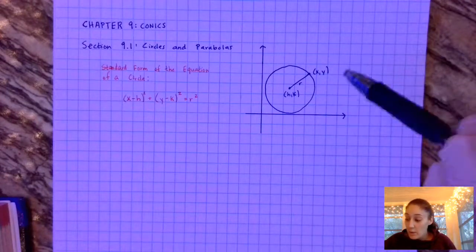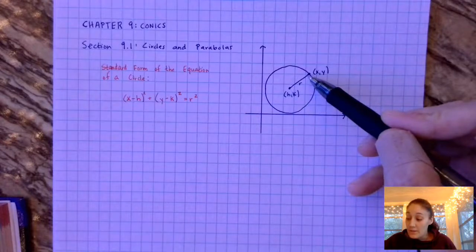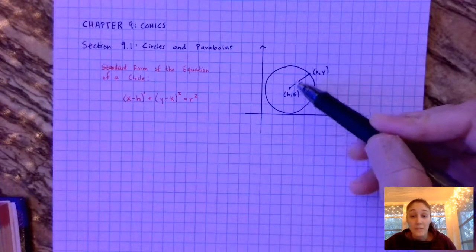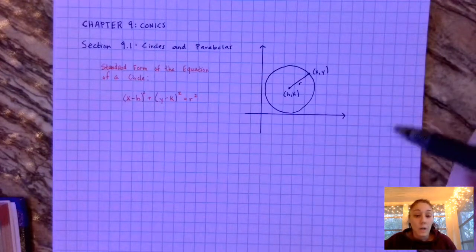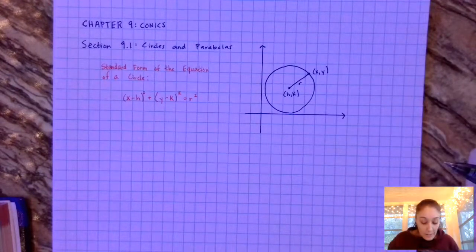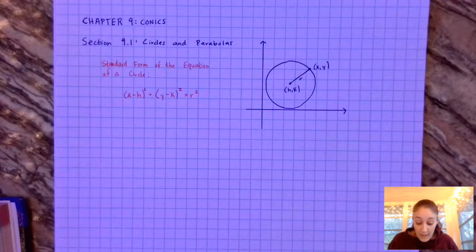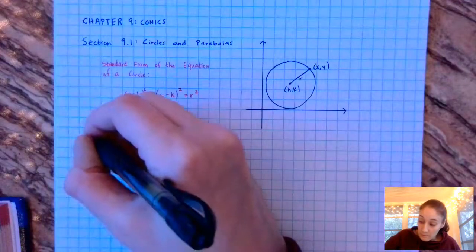We know already that the distance from the center to any point on the circle is the same distance all the way around. We call that the radius, so we're going to use r for radius. The very first example we're going to take a look at is example 1.